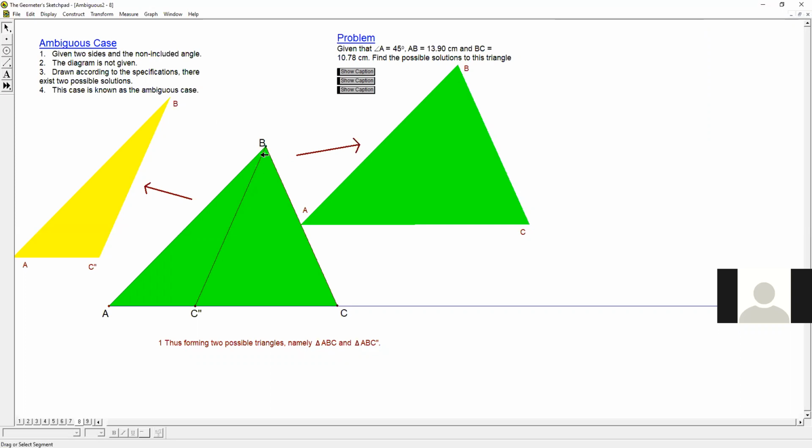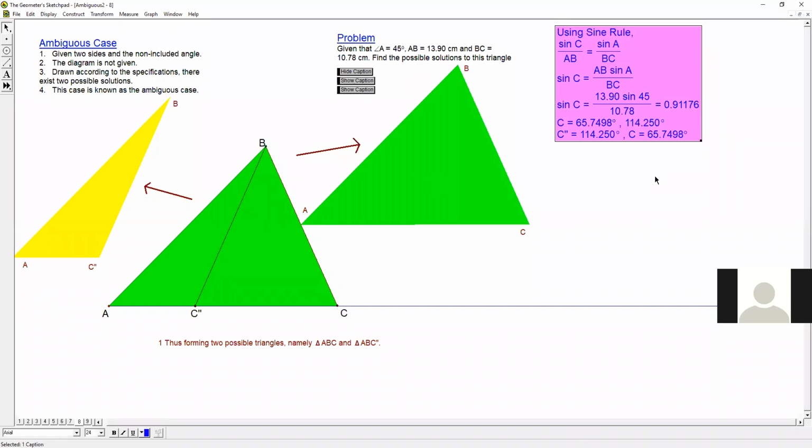Looking at this triangle, you apply the sine rule on triangle ABC. It's like this: using the sine rule, sine C over AB. This is the angle that we want to find, and you divide by this length here, AB. The other pair that is known is sine A, divided by this length BC here.